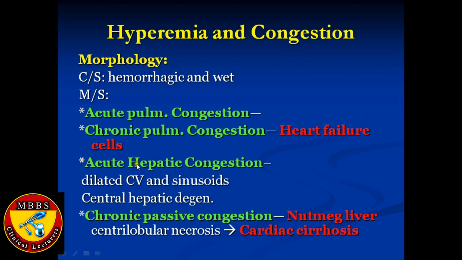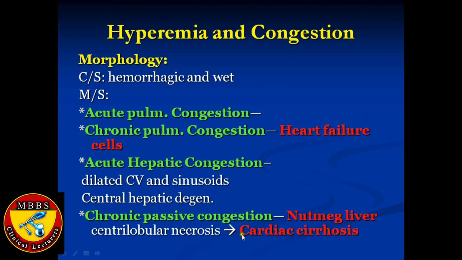And then there could be acute hepatic congestion or chronic hepatic congestion depending on the duration. I've already shown you that chronic passive congestion of the liver resembles a nutmeg on the cut surface, and hence it is also called the nutmeg liver.